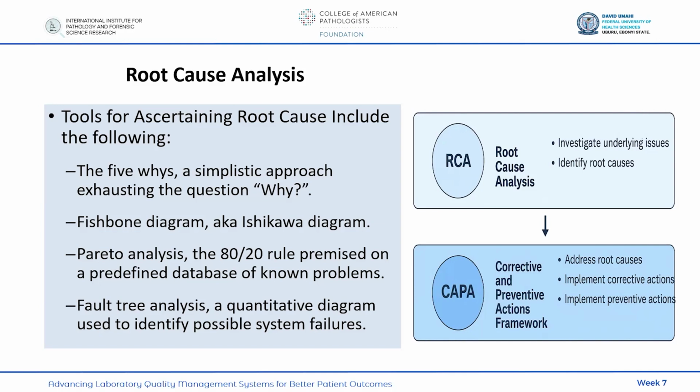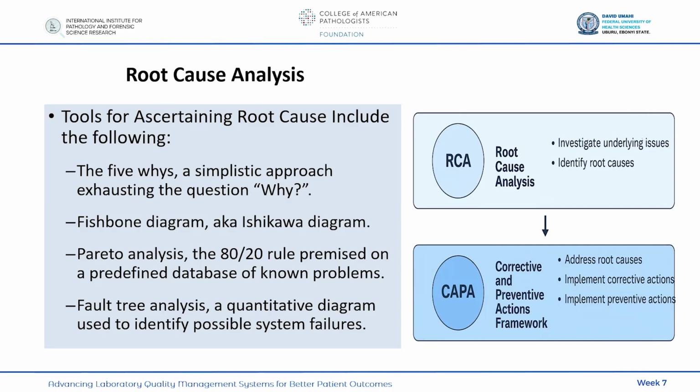So what other ways can you brainstorm? This is just telling us how you can brainstorm so that you don't miss the main cause of this problem, this non-conformance, this event that happened. Another way you can brainstorm is what we call the fishbone diagram, another name for which is the Ishikawa diagram.